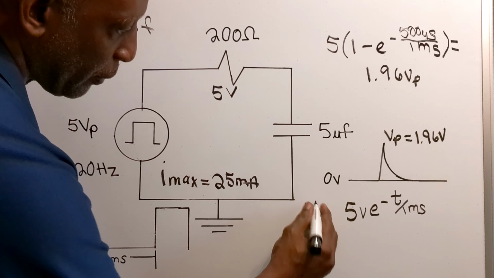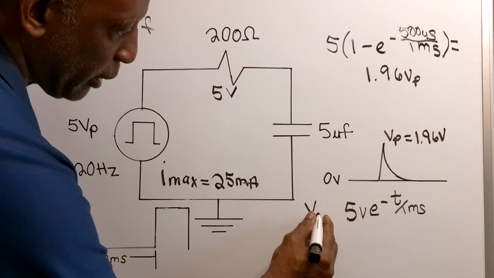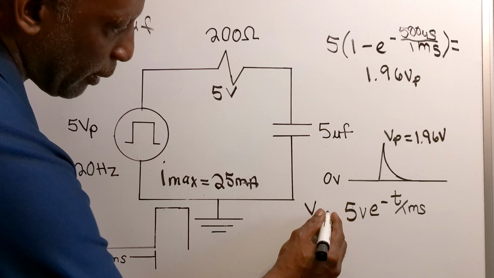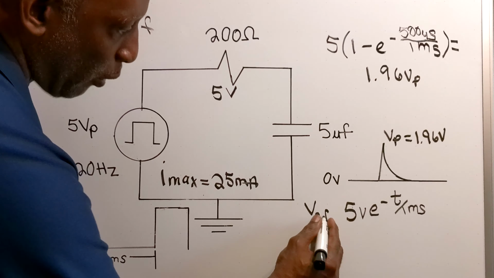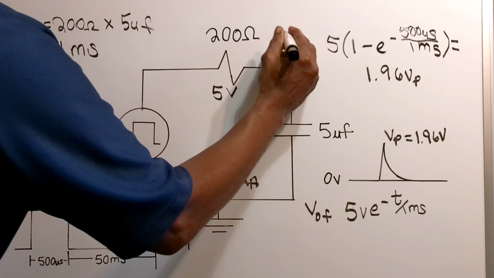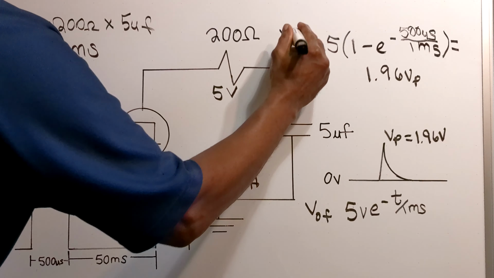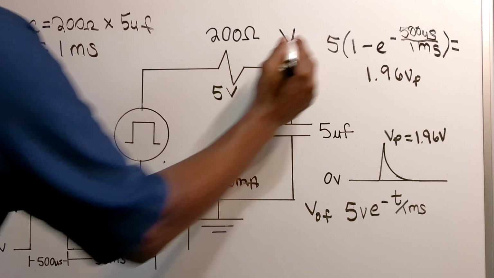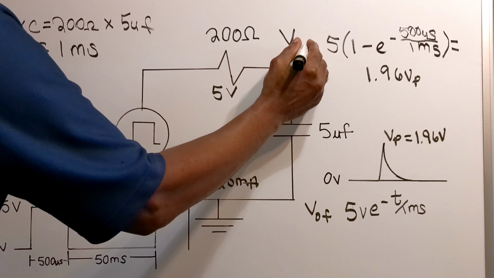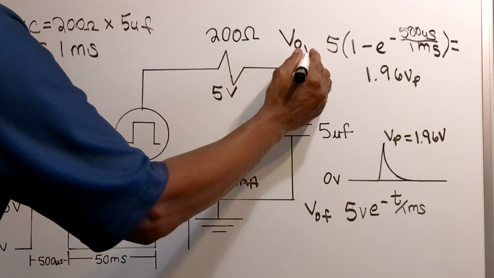This is V out, and I'm going to put an F here for falling voltage. This is V out, and I'm going to put an R here for rising voltage.